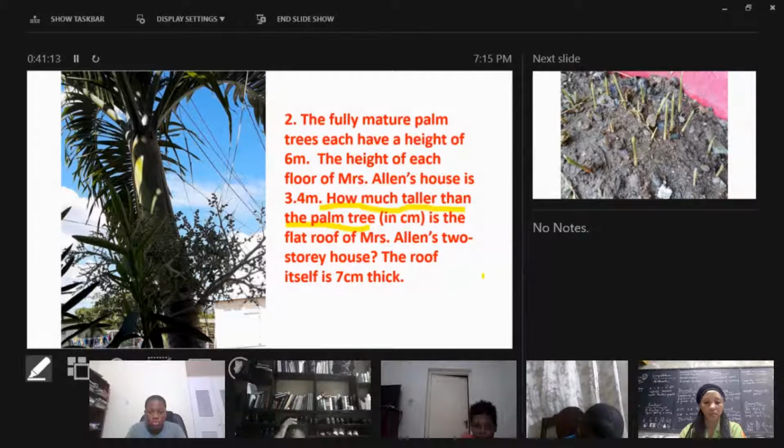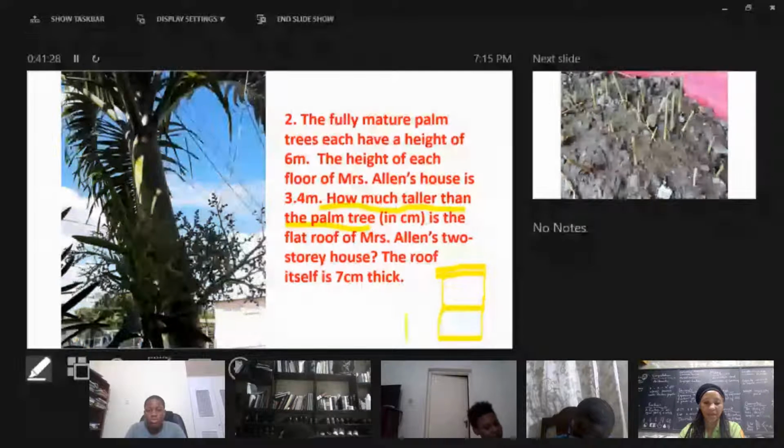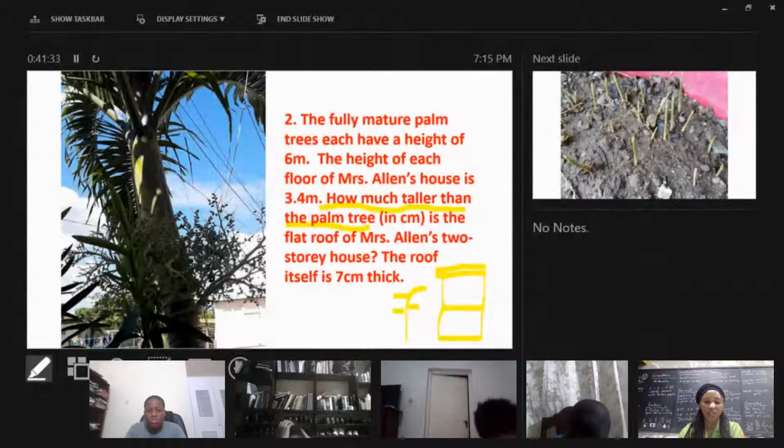So, it's a two-story house. So that's one story on top of the other, right? Yes, Miss. And then we have the flat roof. And then we have the palm tree. So how much taller than the palm tree is the top of the flat roof? That's what the question is asking.